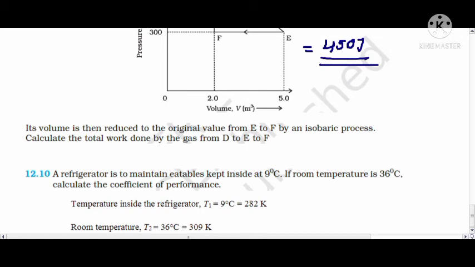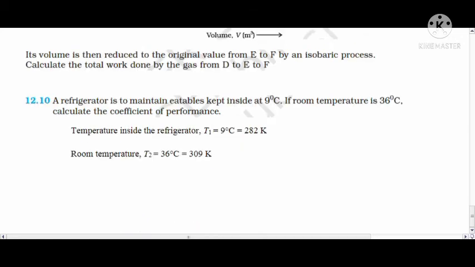Now question 10. A refrigerator is to maintain eatables kept inside at 9 degrees Celsius. If room temperature is 36 degrees Celsius, calculate the coefficient of performance. Now here we have to use the formula for coefficient of performance, that is beta is equal to Q2 upon Q1 minus Q2, which is equal to, in terms of temperatures, T2 upon T1 minus T2.